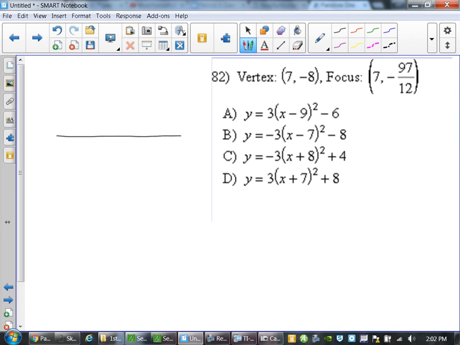My vertex is at 7 and negative 8, and my focus is at negative 97 over 12. Negative 97 over 12 is 8 and change, which means it's further away.